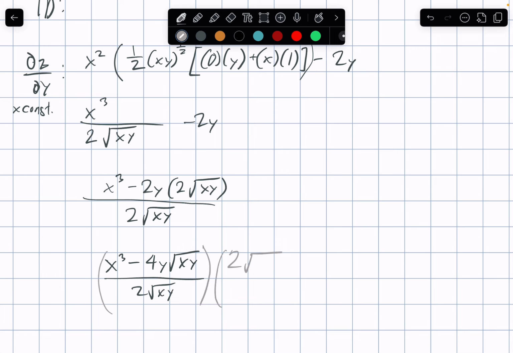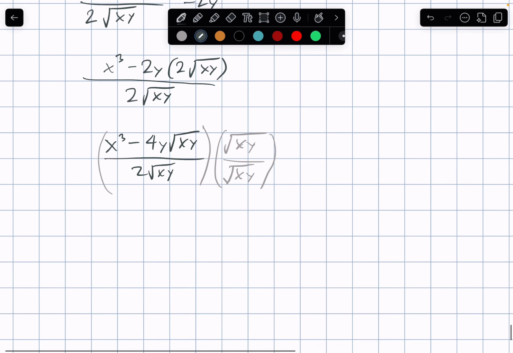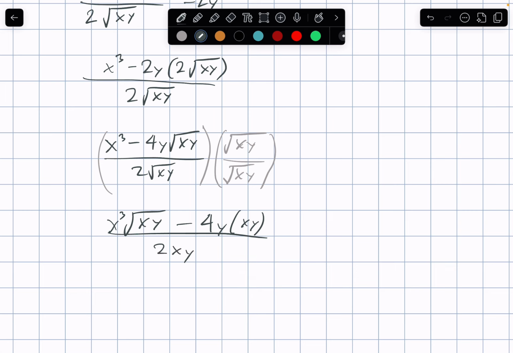Rationalize. We don't need the 2. So x cubed square root xy minus 4y times xy over 2 times xy.